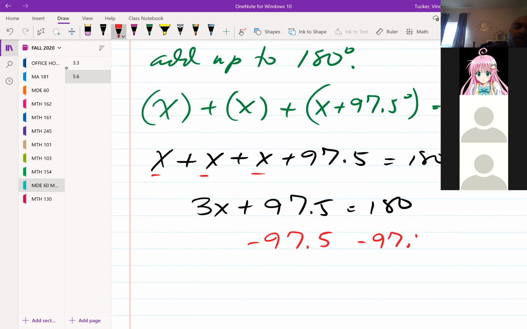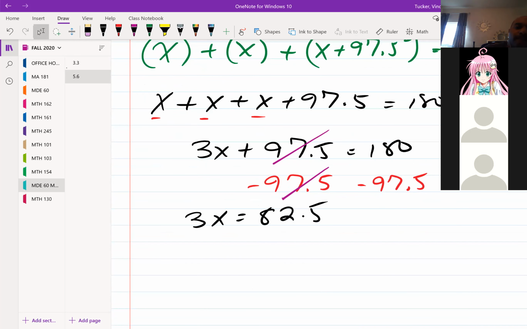Subtract 97.5, and that's going to be 82.5 for us. Divide by 3. x is 27.5.